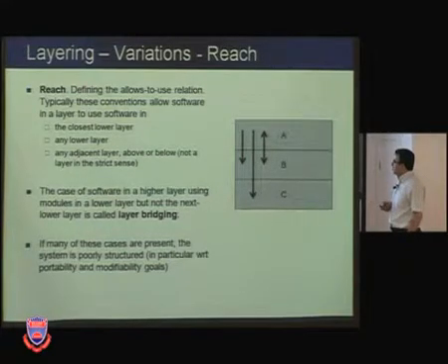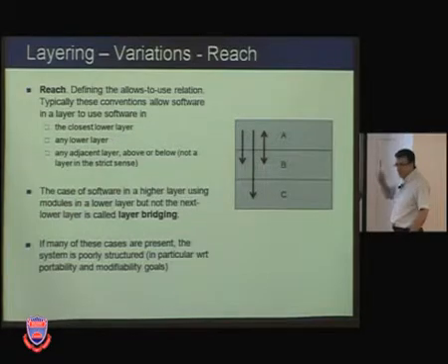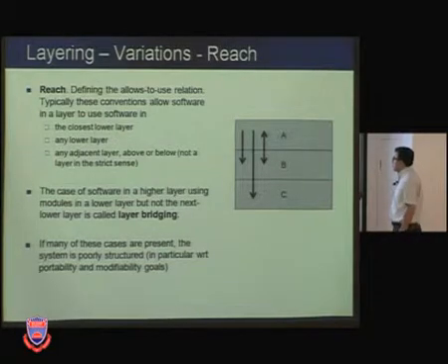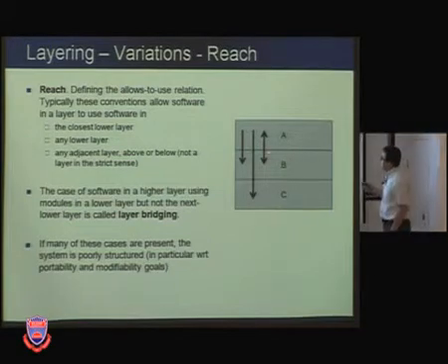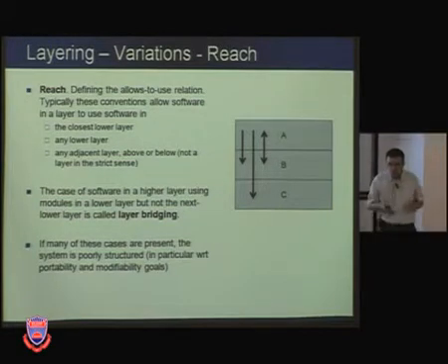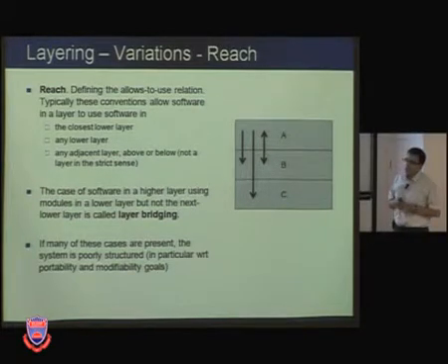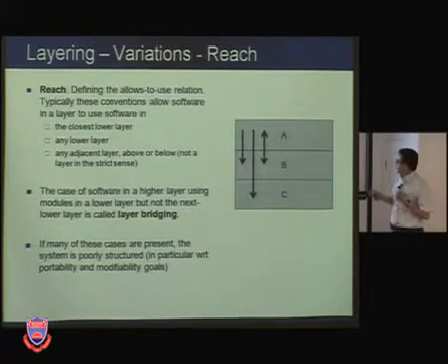There are variations. One variation is the reach. We said the layers are allowed to use the layer below. But we could also make this relation more flexible, the reach, where higher level layers can use any lower level layer.